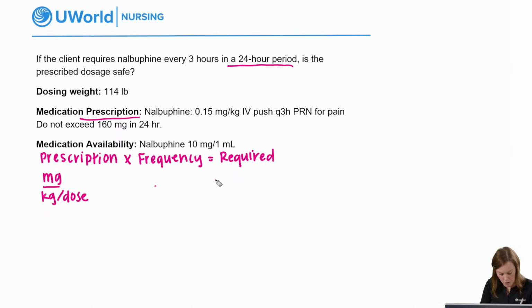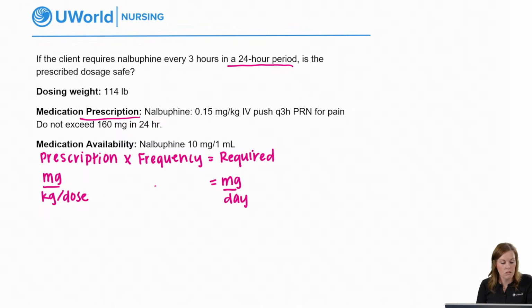Okay, and what is required is how many milligrams we can have in a day, because we're trying to see in a 24-hour period how much this is dosed, if we give this as it's being prescribed every 3 hours, if that's a safe amount. So that's going to be milligrams per day. Looking at this from here, we have milligrams on top, which is great.